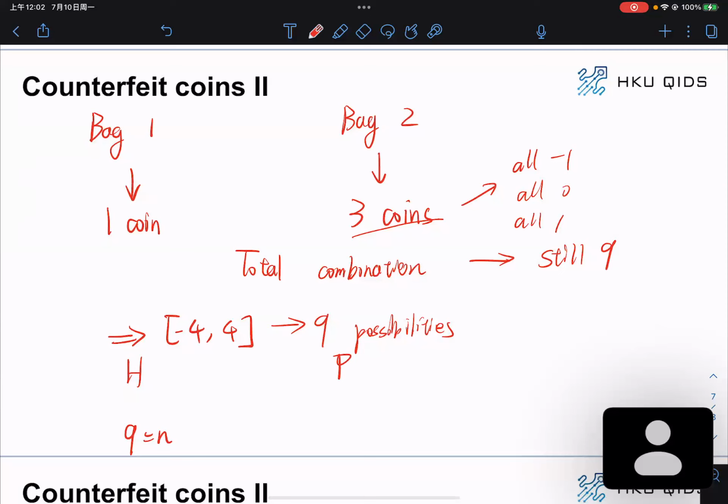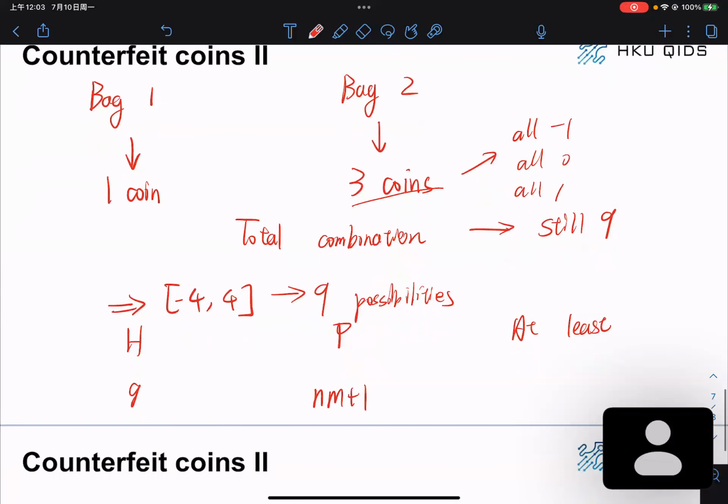We got the pigeons, and at least n plus 1, so this should be 10, for at least 2 to be in the same hole.